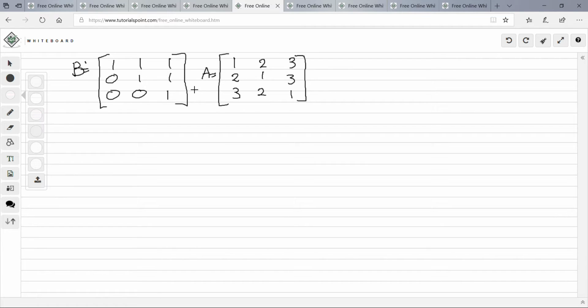So we know this is a 3 by 3, this is a 3 by 3, so it's possible, right? Same number. So BA is going to be a 3 by 3 as well.